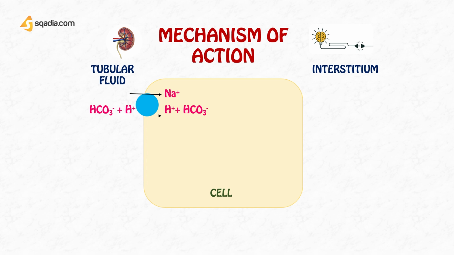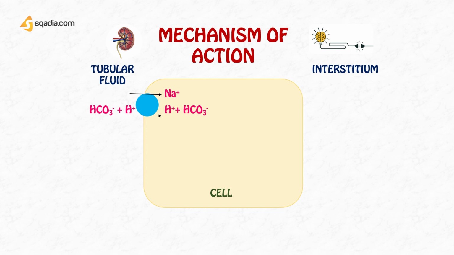Now, the bicarbonate ion which is present in the tubular lumen has come from the glomerular filtrate, and it is not going to enter into the cell by itself. This bicarbonate is very poorly absorbed.